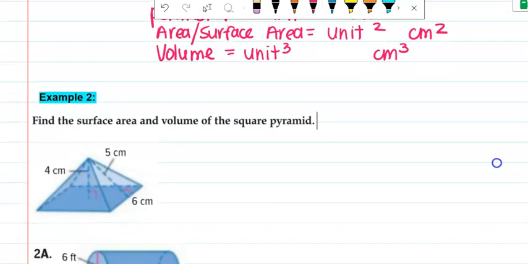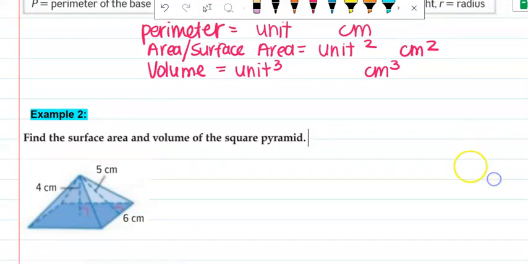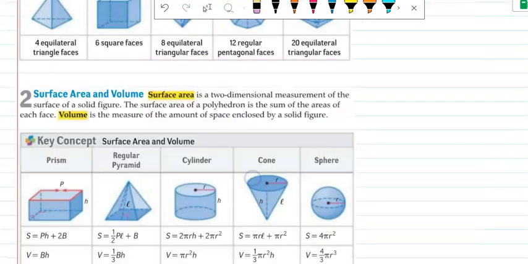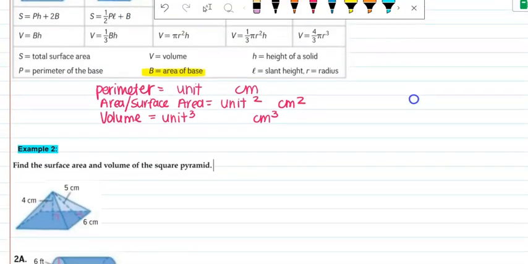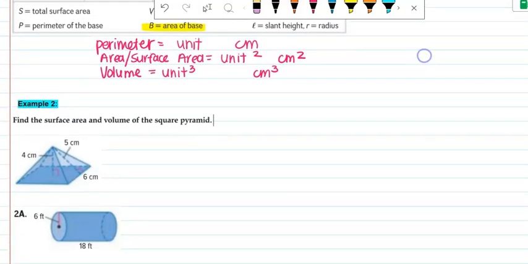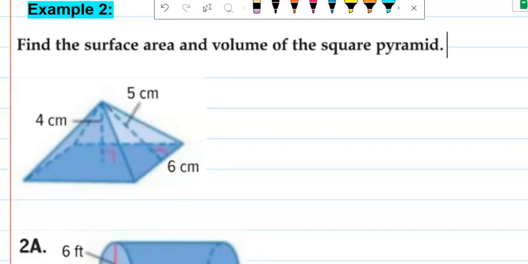All right, so find the surface area and volume of the square pyramid. So we can look up ahead if we want. What we could do too is we could just break up the surface area into the different pieces. This is a square pyramid, so the base, these are all 6s because they're squares, okay? So if we want to find the surface area, we could use the equation above, or we could break it down into the 2-dimensional shapes that we know. So we'd have the square base, which hopefully you remember the area of a square is length times width or base times height.